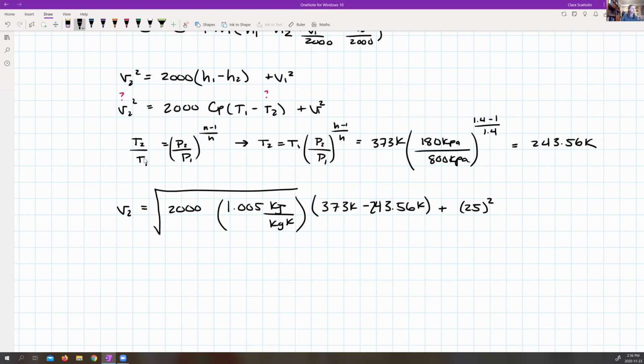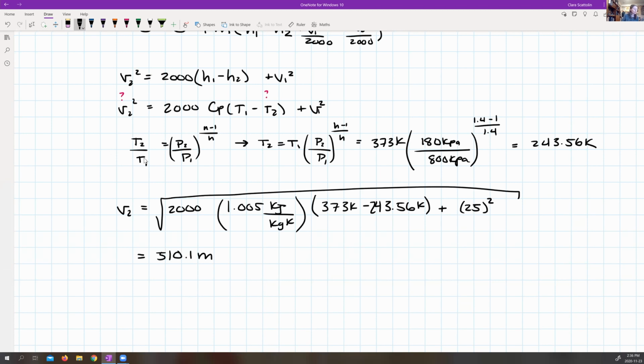And I need to take the root of that. This will give me a velocity of 510.1 meters per second.